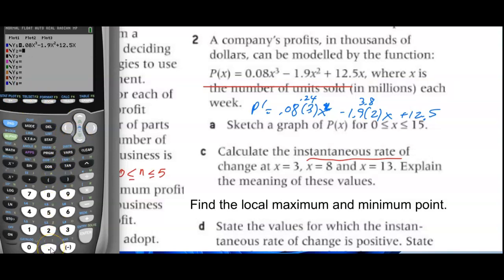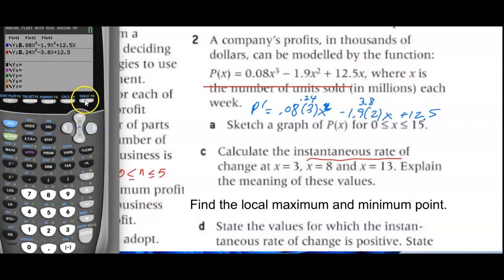So I'm going to put 0.24x squared minus 3.8x plus 12.5. Okay, and that's the derivative function.